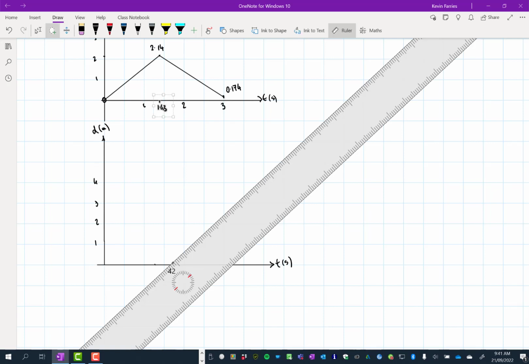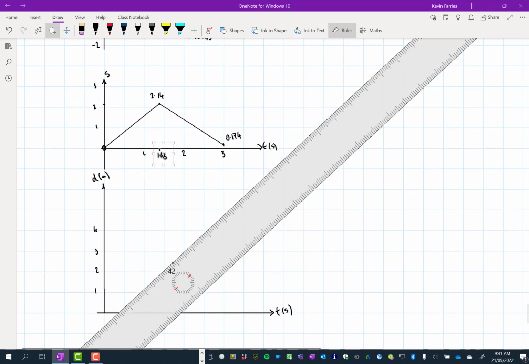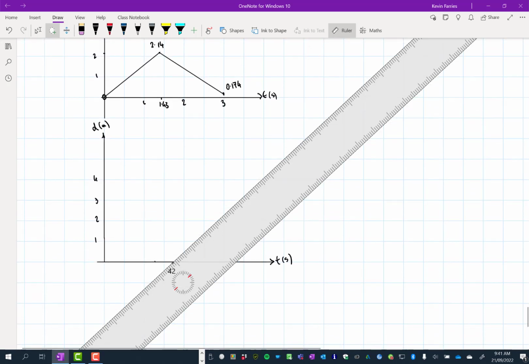Maybe I've drawn it okay, I just haven't put that on very well. Yeah, it's a bit better. I should really measure that with a ruler or something to get it in the right place. So it's going to start off the same, 2.14 after 1.43 seconds. So we're going to end up here.